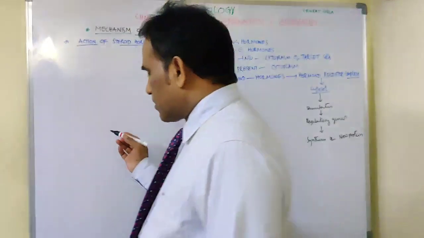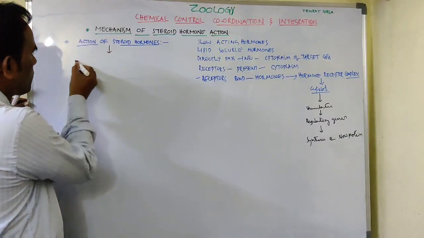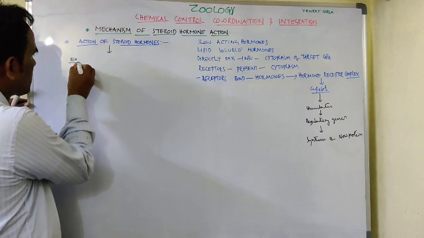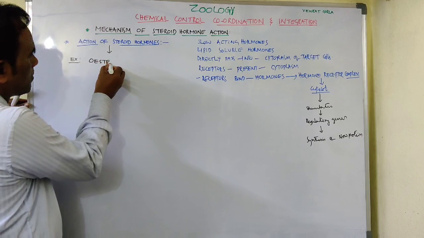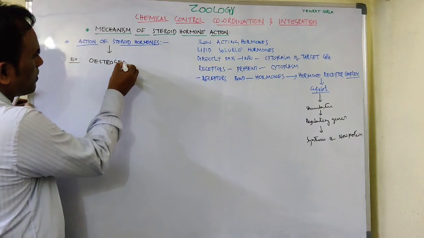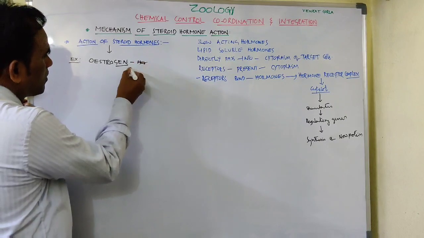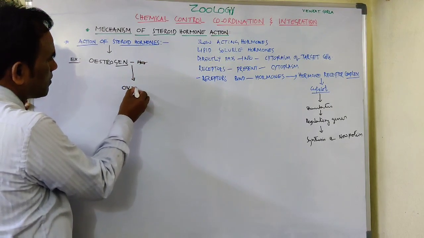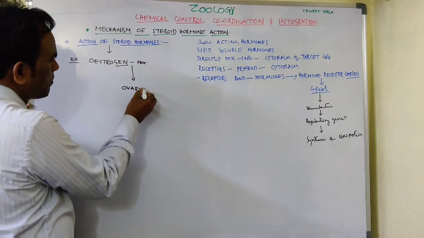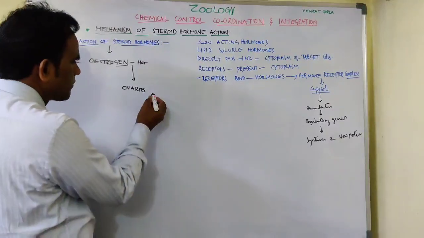For example, for this action of steroid hormones, the best example you can take is estrogen. Estrogen is a hormone secreted by the ovaries, the gonads.